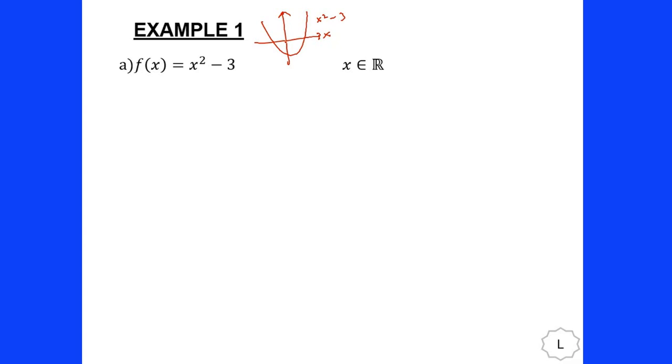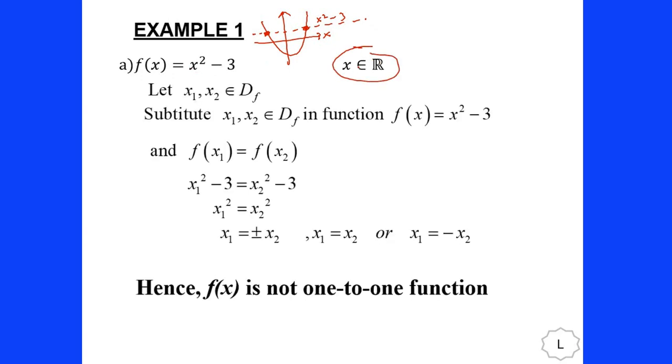Confirm this is not a one-to-one function using graphical. Why? Because the horizontal line test cuts at 2 points, not 1 point. So this is not a one-to-one function using graphical. Now we're going to use algebraic. So let x be a member of the real number domain. Later we will show how to find the domain.